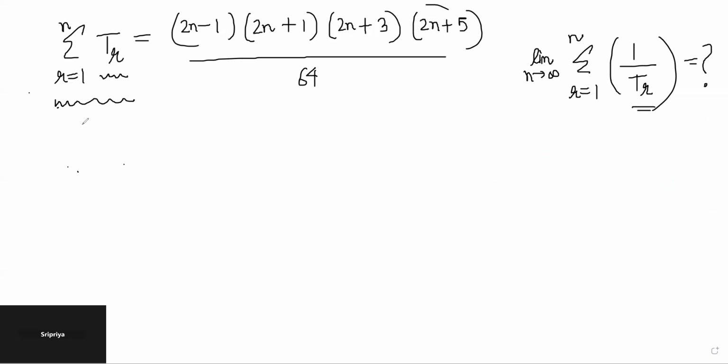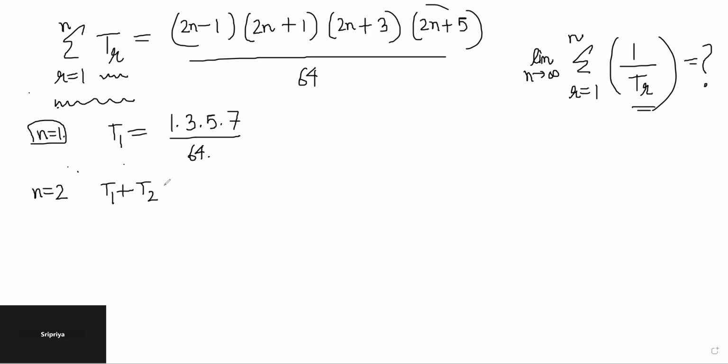So that's why we are going to try to put n is equal to 1 here. Basically the summation will be simply T1, right? If you put n is equal to 1, you'll get just T1, which is 1, 3, 5, 7 by 64. If we put n is equal to 2, we will get T1 plus T2, which is 3, 5, 7, and 9.